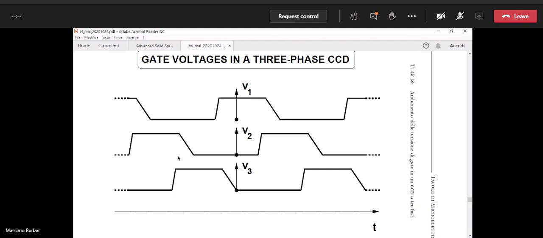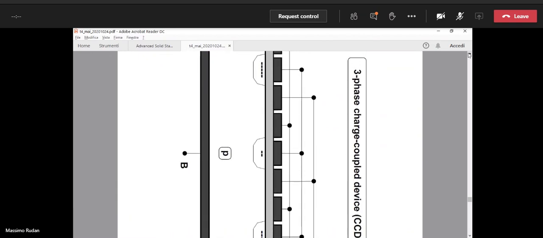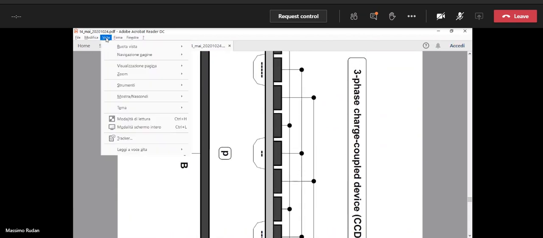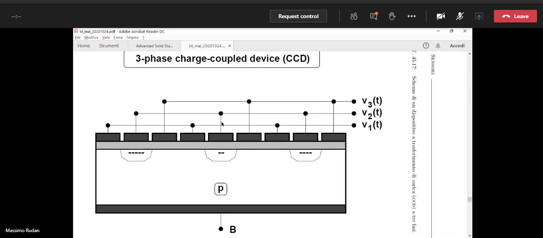That means that we are forming a space charge region under the gates that are corresponding to phase 3. So here, here, and here.